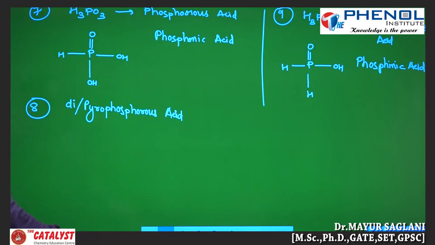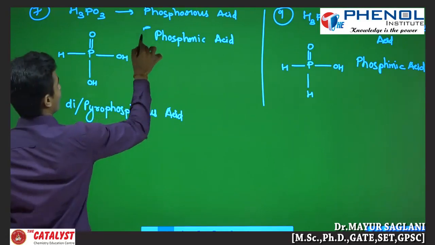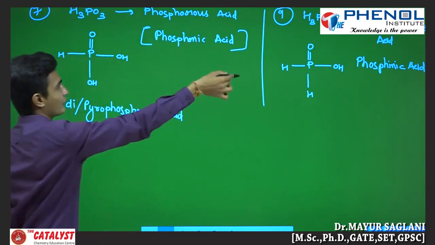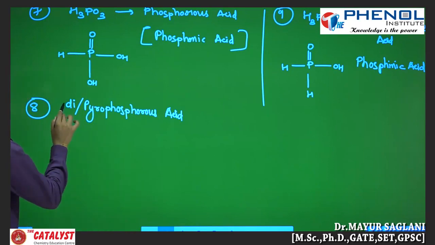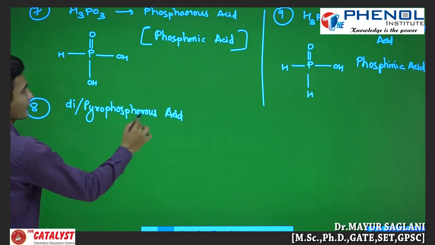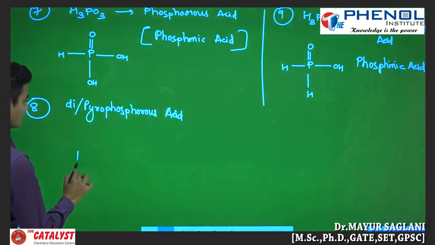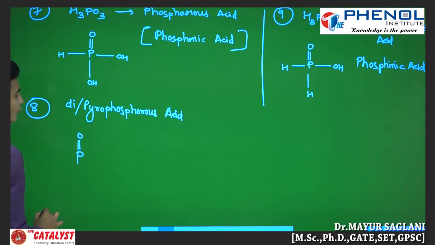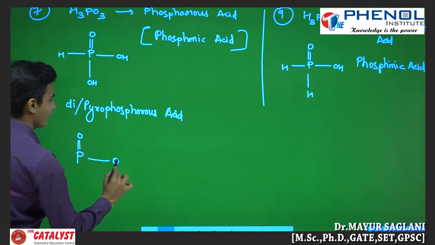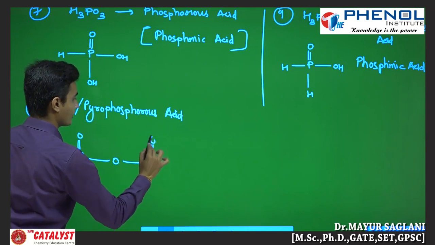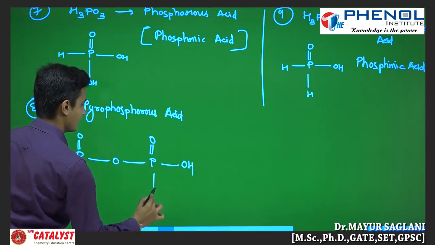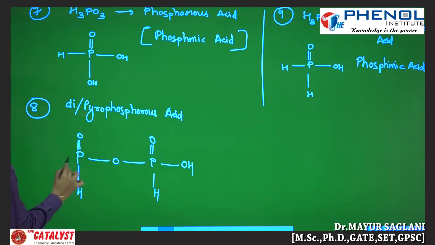These are other names of phosphorus acid, that is phosphonic acid and phosphinic acid. Di or pyrophosphorus acid: we know that you just take 2 moles of acid and remove one H2O, as we have shown earlier. So this would be the structure of di or pyrophosphorus acid. Are we clear?